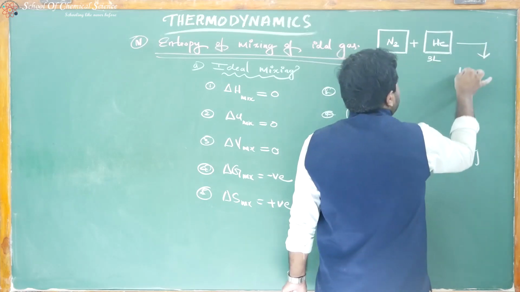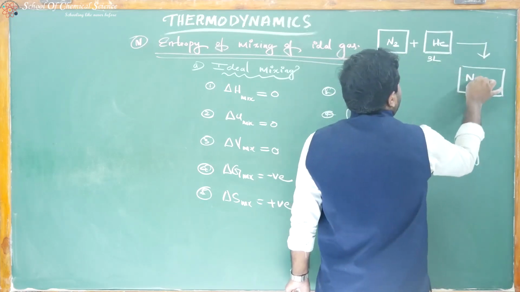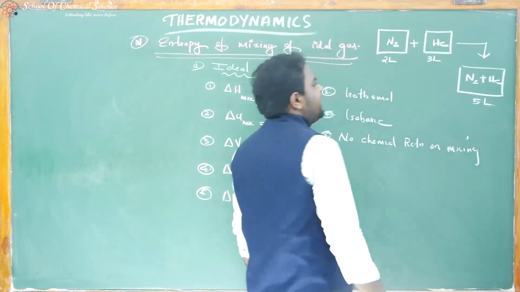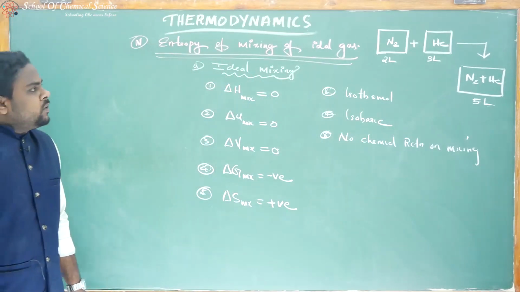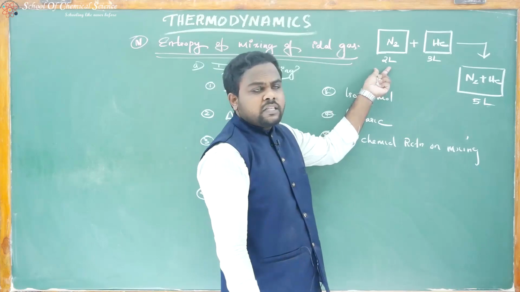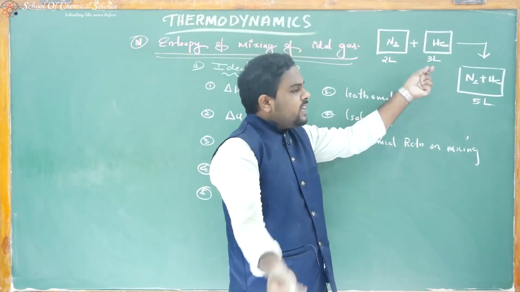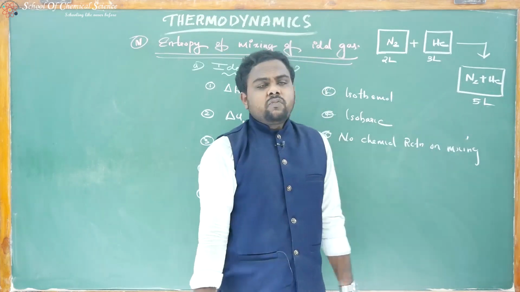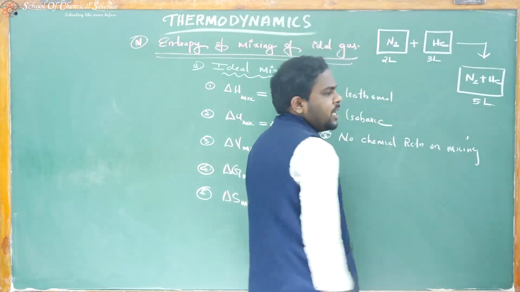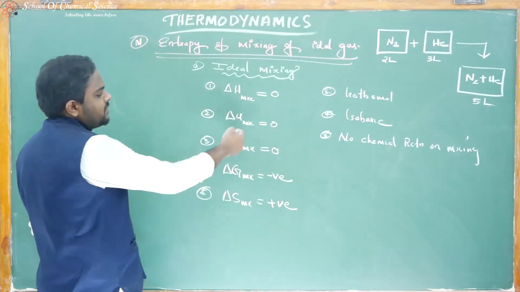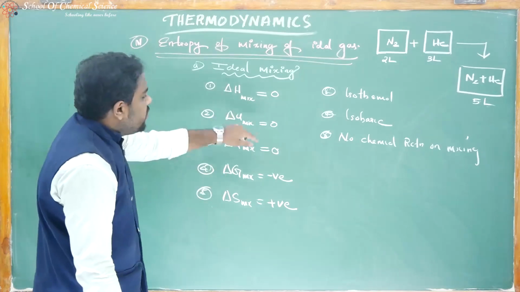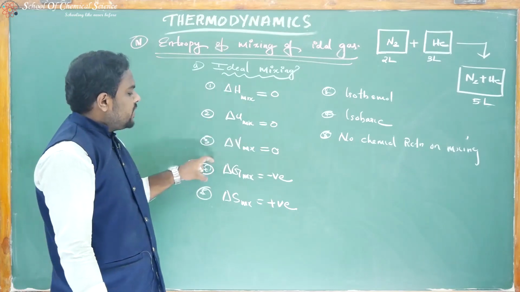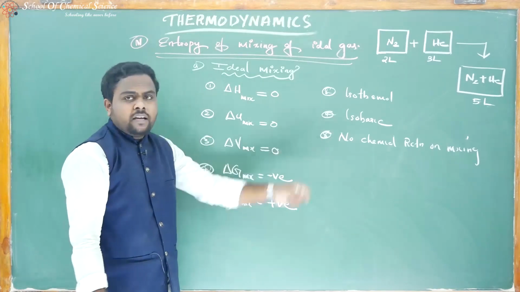When they are mixed together, nitrogen plus helium, if the total volume of this mixture is equal to 5 liter, what is the change in volume? Delta V mixing equal to 0, delta U mixing 0, enthalpy change of mixing 0, entropy change positive, free energy change negative, isothermal, isobaric, and no chemical reaction.